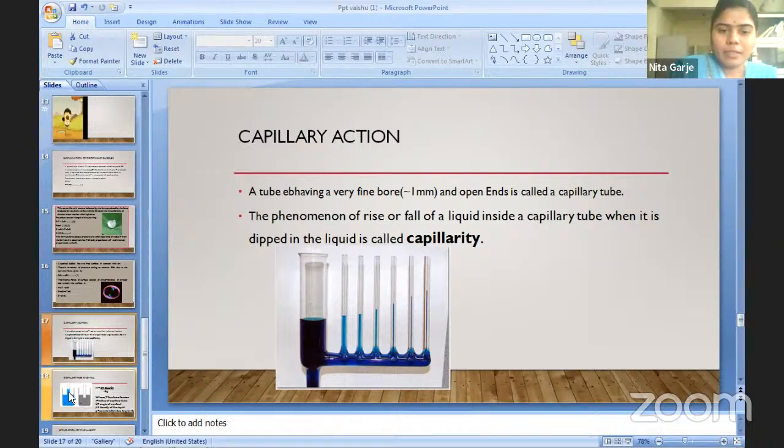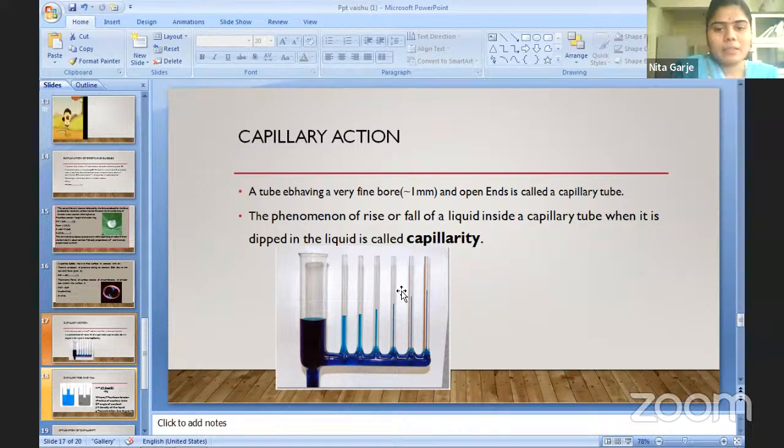Here we have one photograph. When the bore of the capillary tube decreases, there is a sudden rise of the water in the tube. We have seen that when the bore of the tube increases, then the liquid falls in the tube.